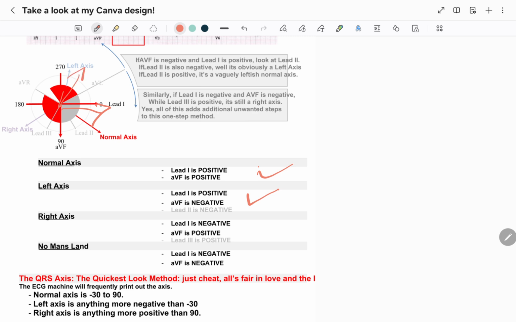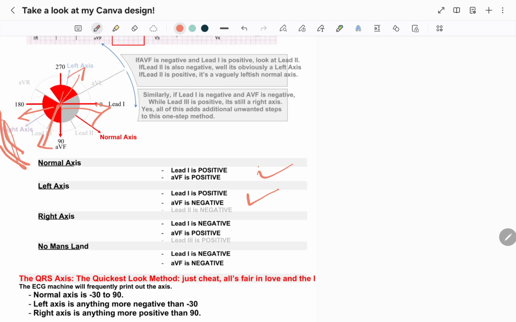Where does it go? And that is your left axis deviation. It's right axis if lead 1 is negative. Again, I said it's negative, it is pointing in the opposite direction. So instead of pointing towards here, the electricity is going this way, and AVF is positive, right? Then we are talking about a right axis deviation, because now it's in this quadrant here.